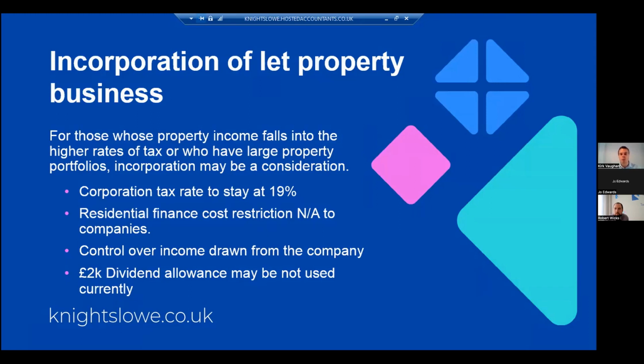You'll also probably be aware that there's been changes over the last 4 or 5 years, which have meant that individual landlords get a restricted tax deduction for finance costs, i.e. mortgage interest. And what that basically means is you might be in a position where individually you're taxed on the rental profits at 40%, excluding the mortgage costs, but then you're getting tax relief on the mortgage interest at 20%. And that can actually create a very significant rate of tax.